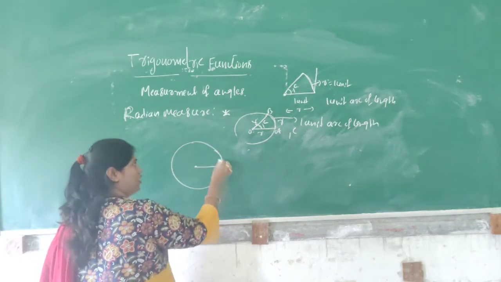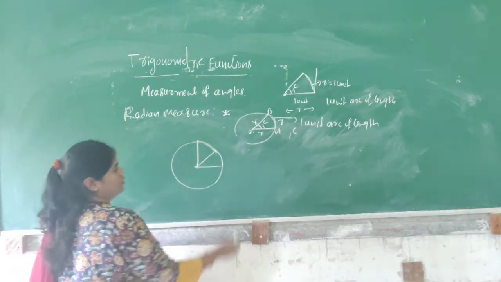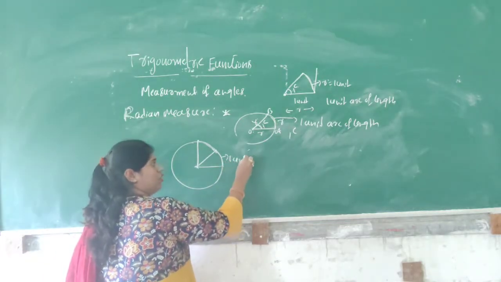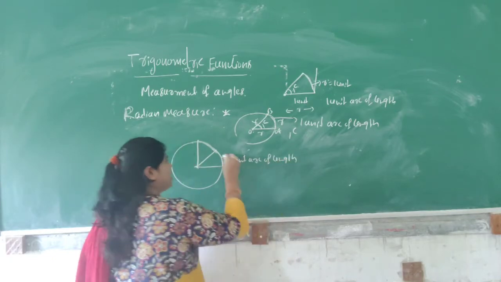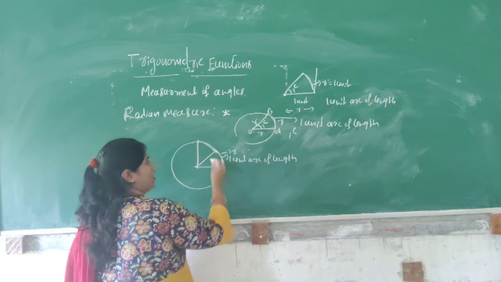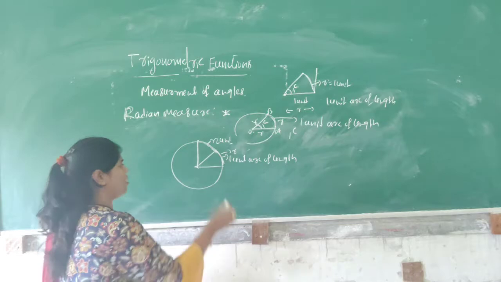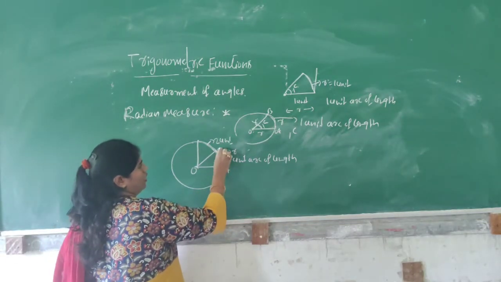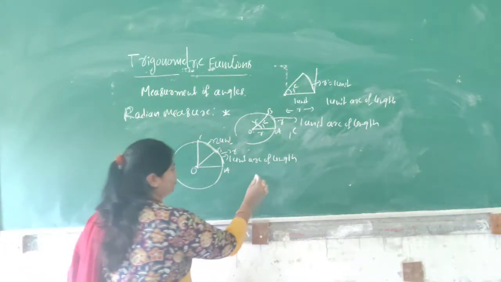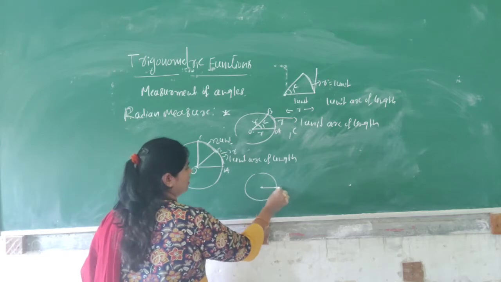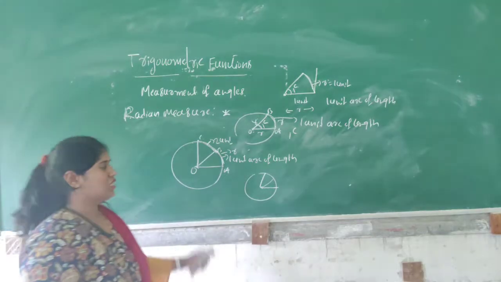So this one is the 1 unit arc of length and this one is the 2 unit arc of length, of radius R. So this one is O, A, B, C. How will the diagram be? 1 unit arc of length is here, 2 unit arc of length is like this.